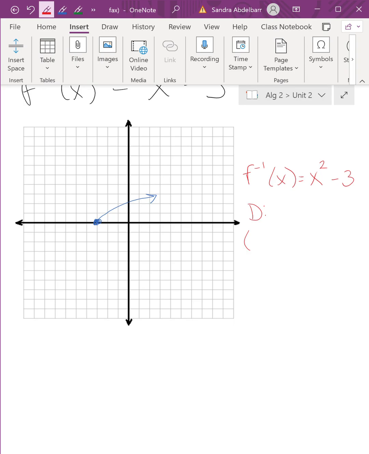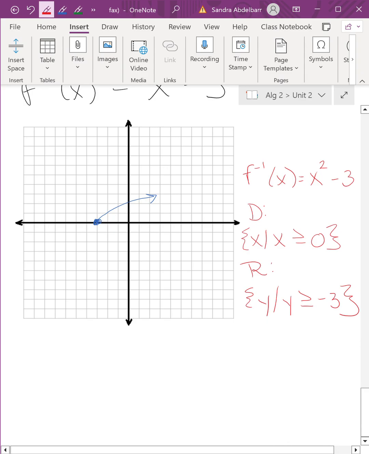It was such that x is greater than or equal to 0, right? Yeah. And the range of the inverse? Negative 3? Okay.